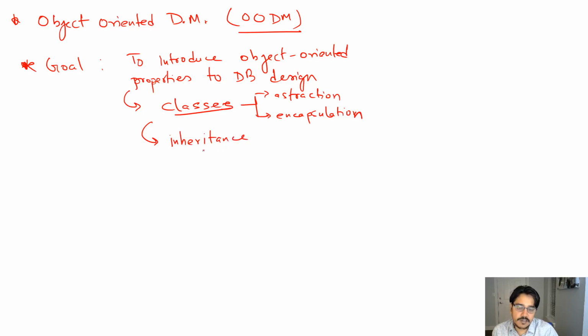So if there is a set of particular attributes that is common across different entities, then if we introduce object-oriented design to database design, then we don't have to re-implement those attributes again and again, right? So typically, when we are talking about OODM, then we mostly use the UML notation in order to represent the OODM.